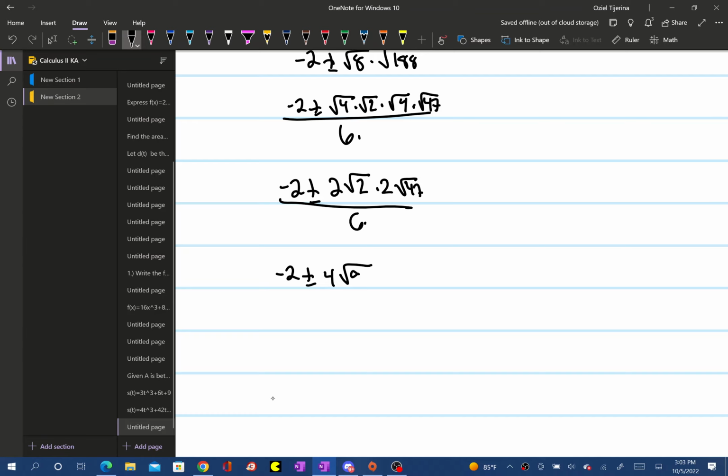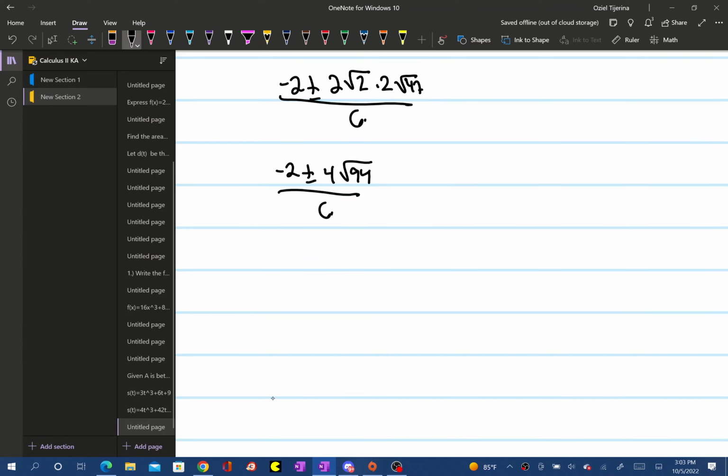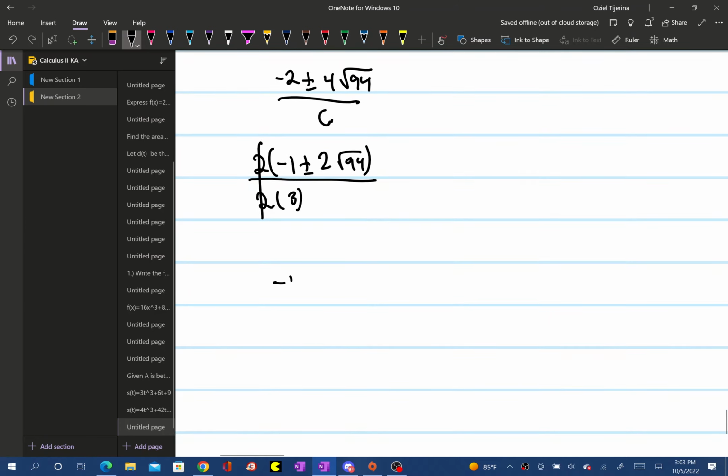Now, you have to take the 2 out of there. So 2 times negative 1 plus or minus 2 square root of 94 over 2 times 3. This cancels out. I get negative 1 plus or minus 2 square root of 94 over 3.